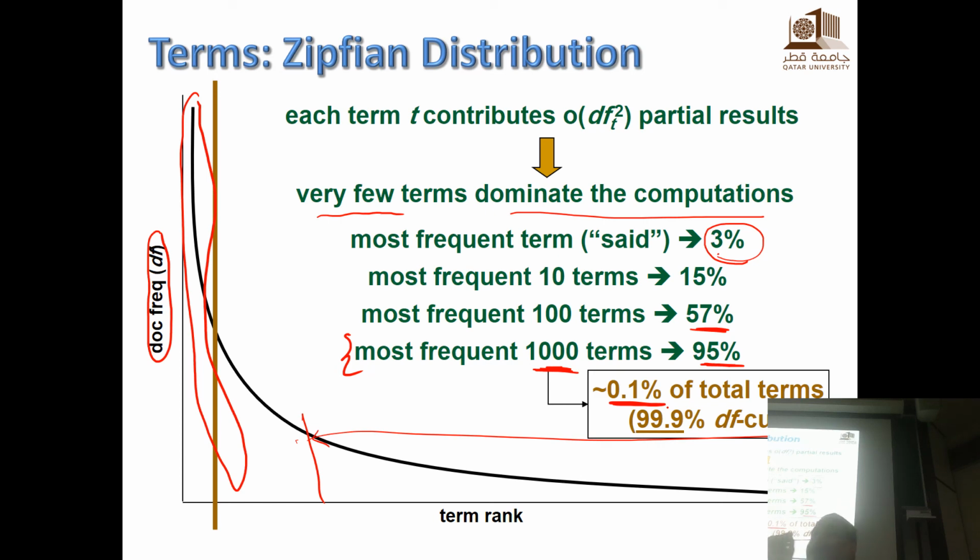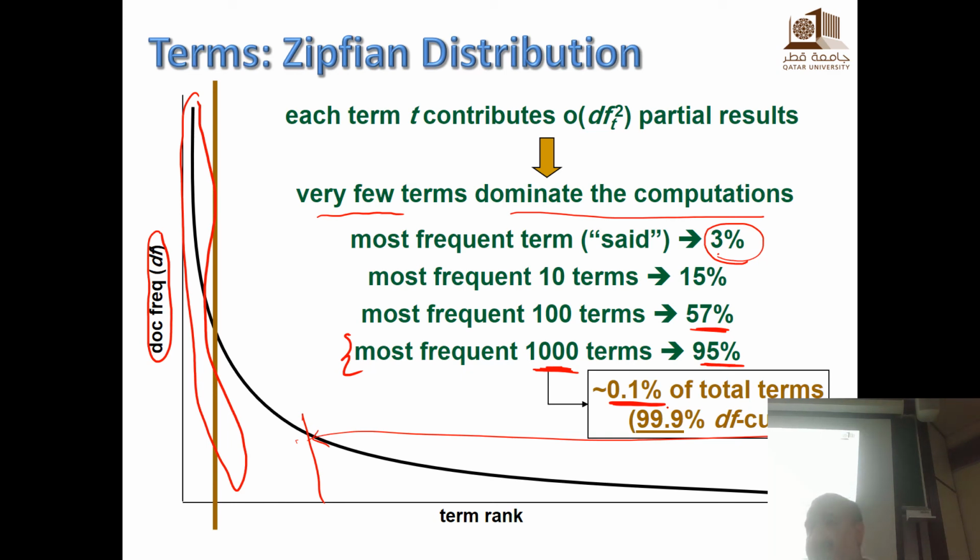It's 95% of the time, if we just ignored these terms. And if you think about it, these terms are the most frequent. They are already everywhere, so they are not distinguishing. They are not really the terms that we should care about. So that was one key idea.